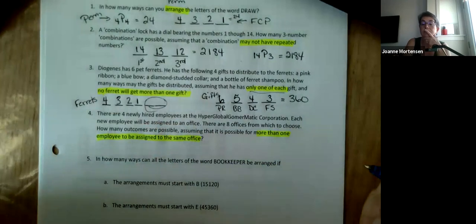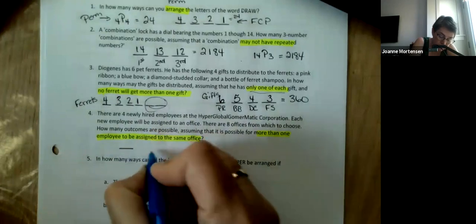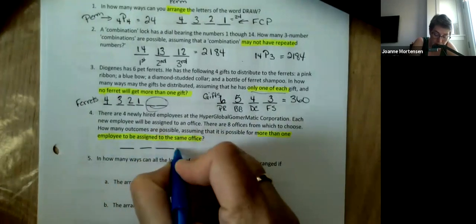I'm going to try and keep it simple. How many blanks do we need? I would say 4. Because each person gets to decide on their office.